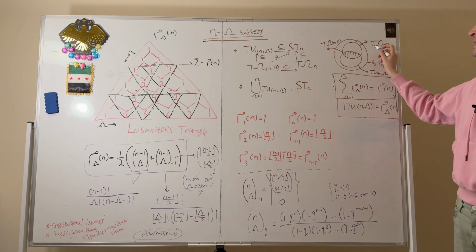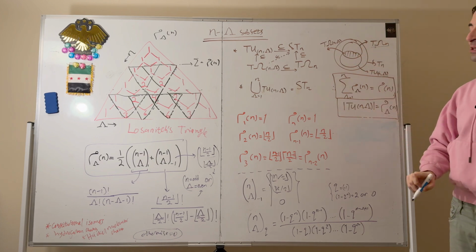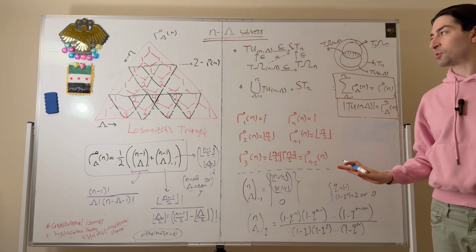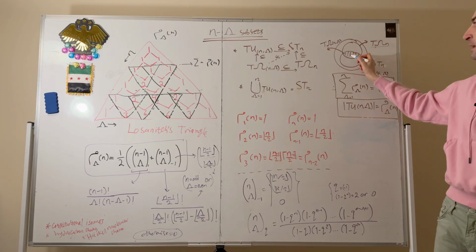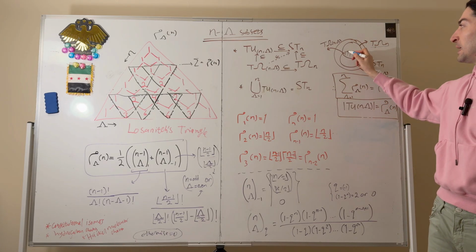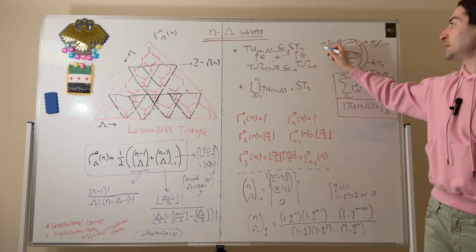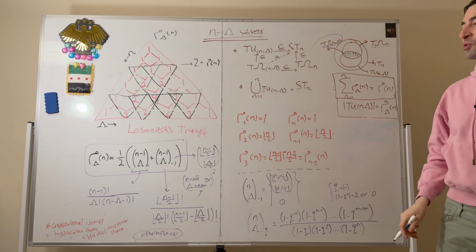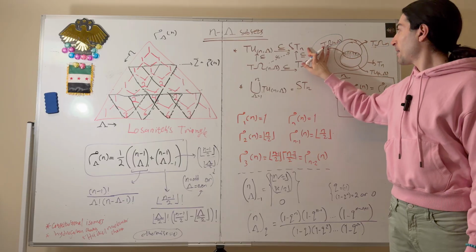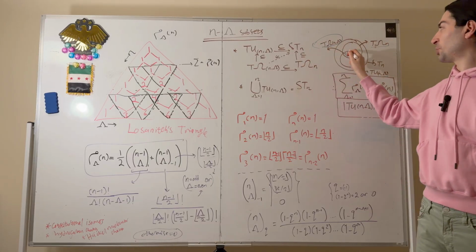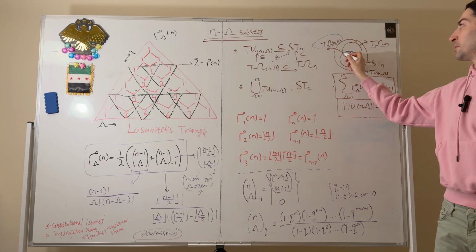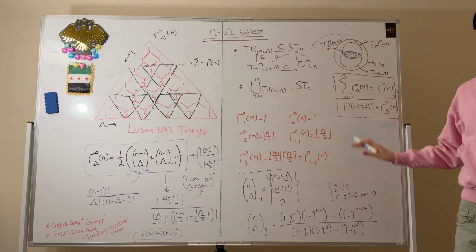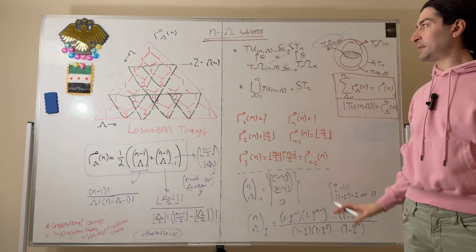We have the T omega n, which are all the symmetric structures regardless of their order. And then at the intersection of these two sets, we have the T omega subscript n lambda. And this in turn is a subset of STn. So this diagram makes it really easy to visualize.